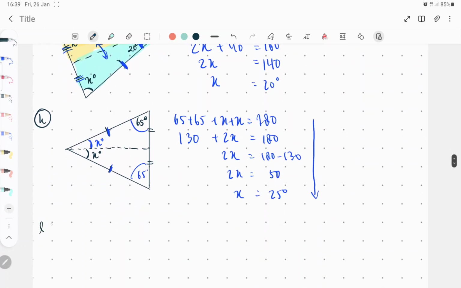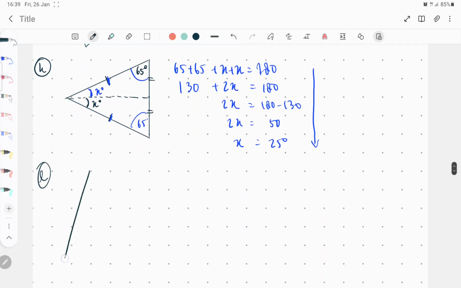Now, last question, L. I have this. You can determine the equal size. Even though it is not to scale, it is quite similar to the real situation of the question. This is 105 degrees. How do you find y?